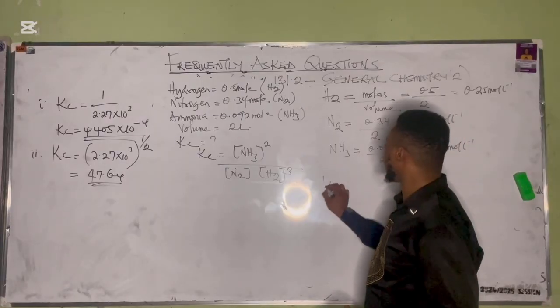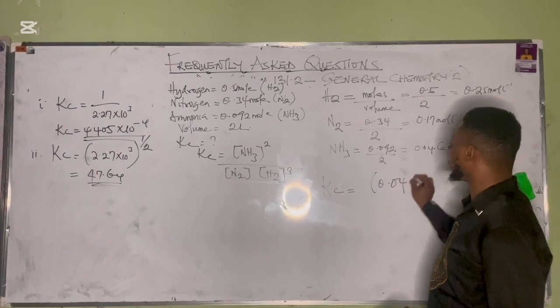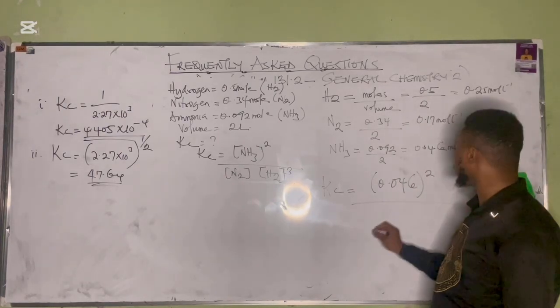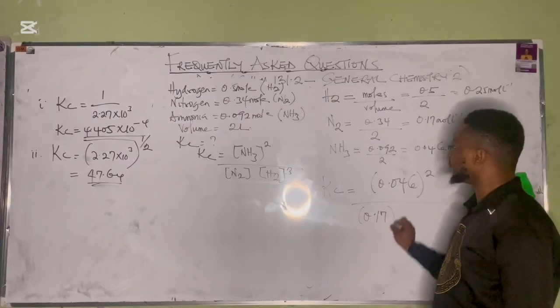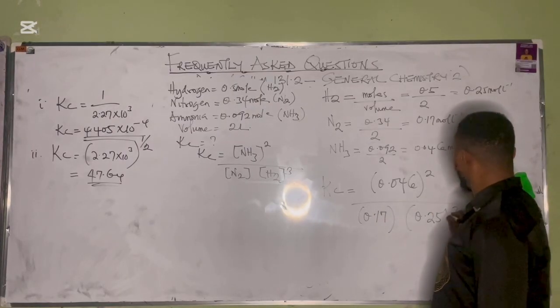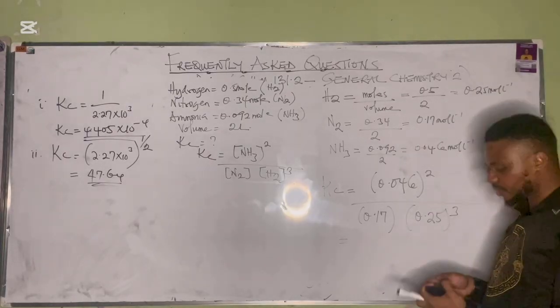Get our Kc now, very simple. Our Kc will be the concentration of NH3, 0.046 raised to power 2, divided by the concentration of nitrogen gas 0.17, times the concentration of hydrogen gas 0.25 raised to power 3. All right, so let us quickly solve this.